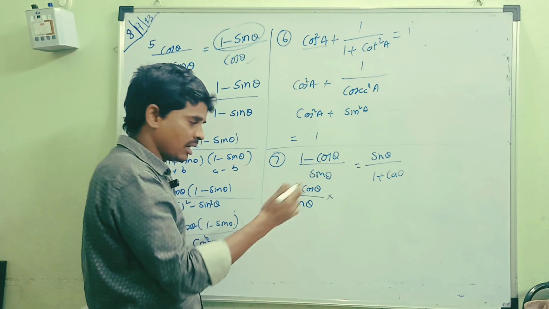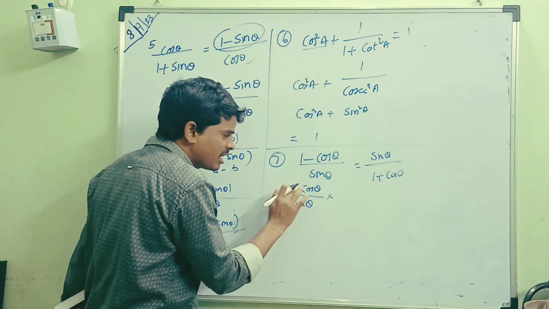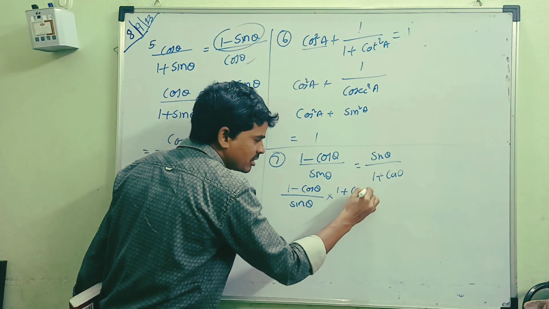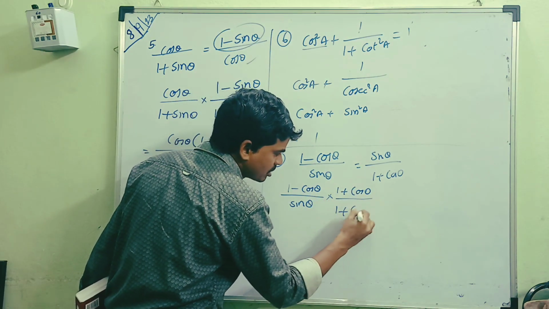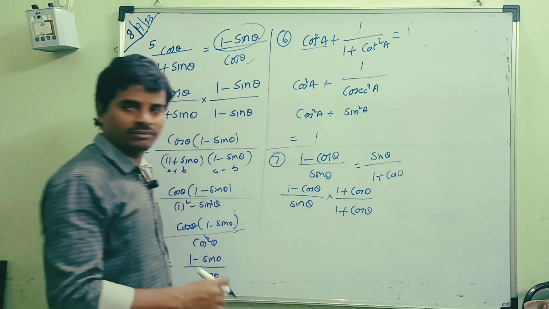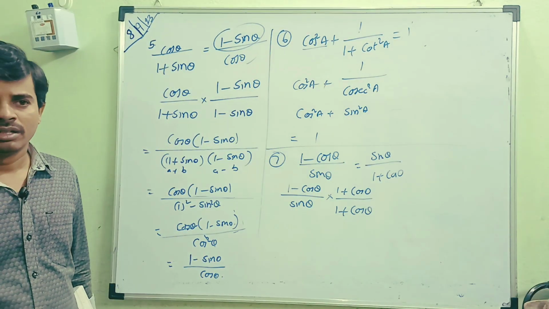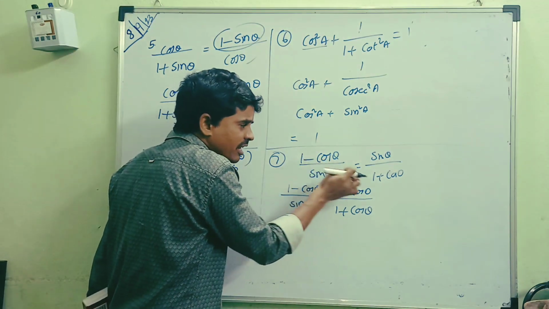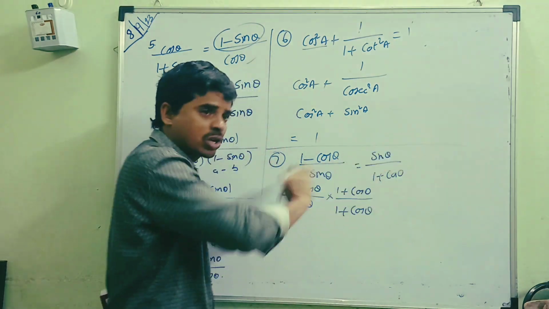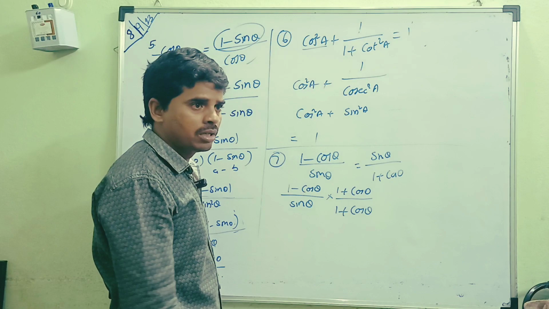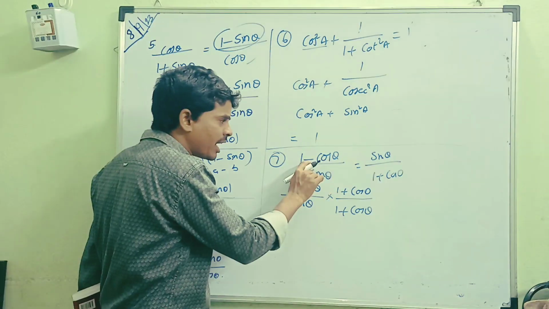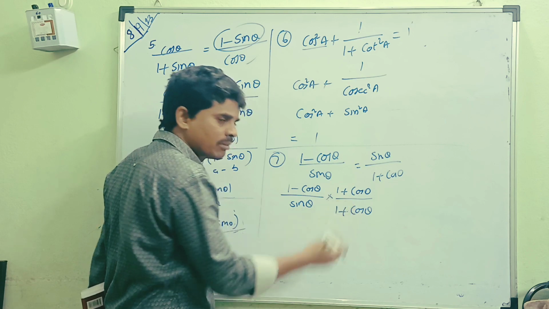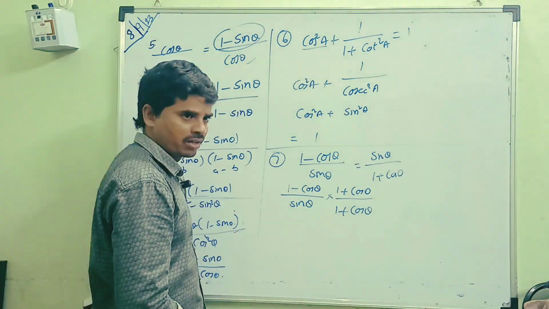In the numerator we have 1 minus cos theta, and we need 1 plus cos theta, just the opposite. So we multiply by 1 plus cos theta by 1 plus cos theta.